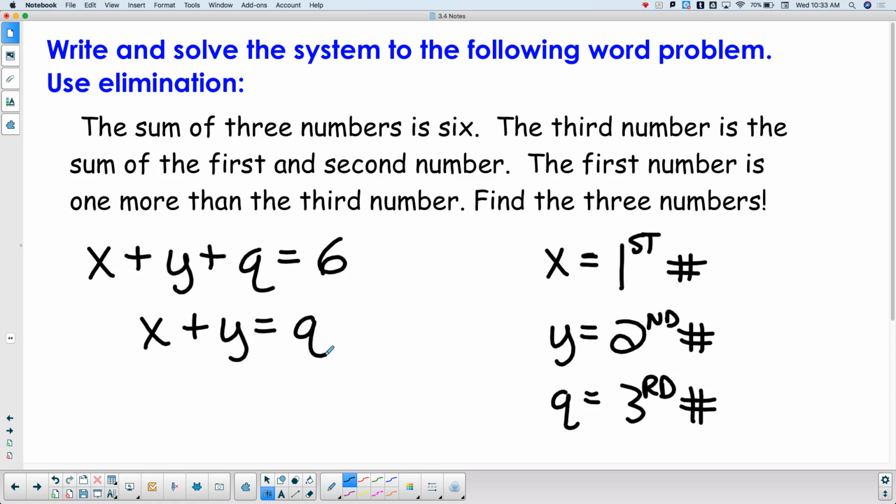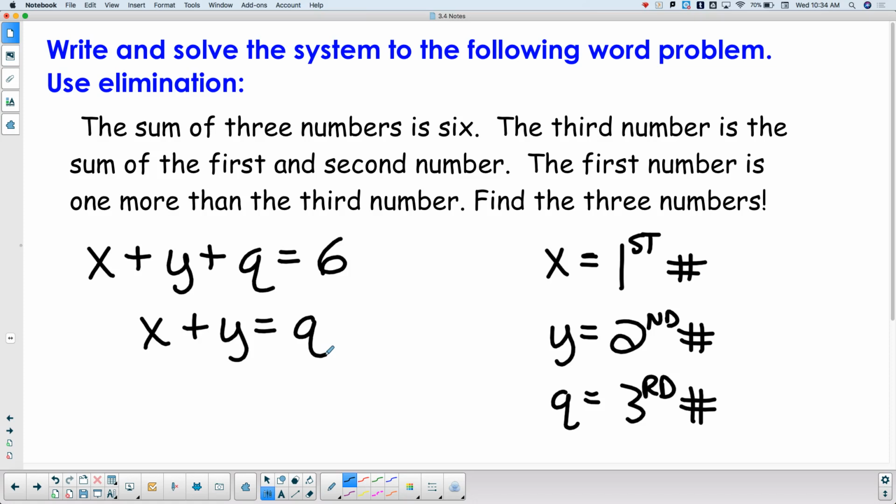Third equation. X plus 1 equals Q. Do we agree with that? Yes? I do not agree with that one.